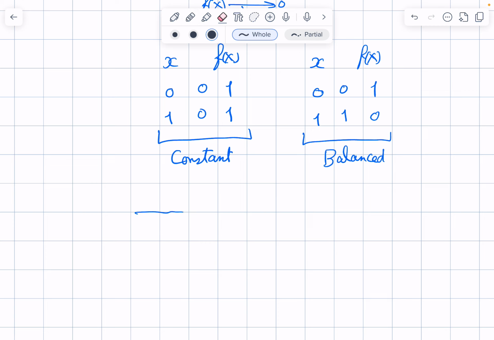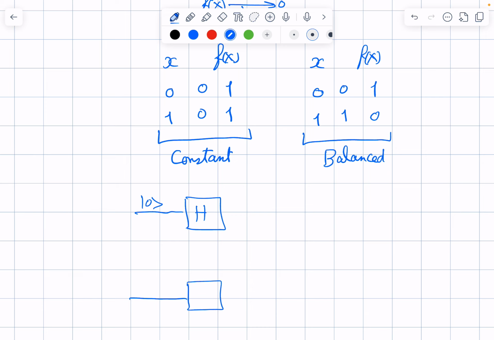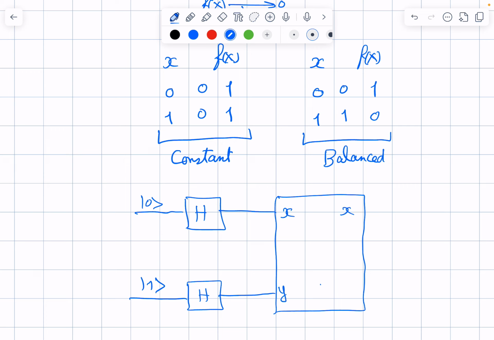We are going to have here x, sorry, a Hadamard gate with an input 0, another Hadamard gate with an input 1, and then we are going to enter a certain block, an oracle, with here x, and this is y XOR f of x, and then we are going to have another Hadamard here.